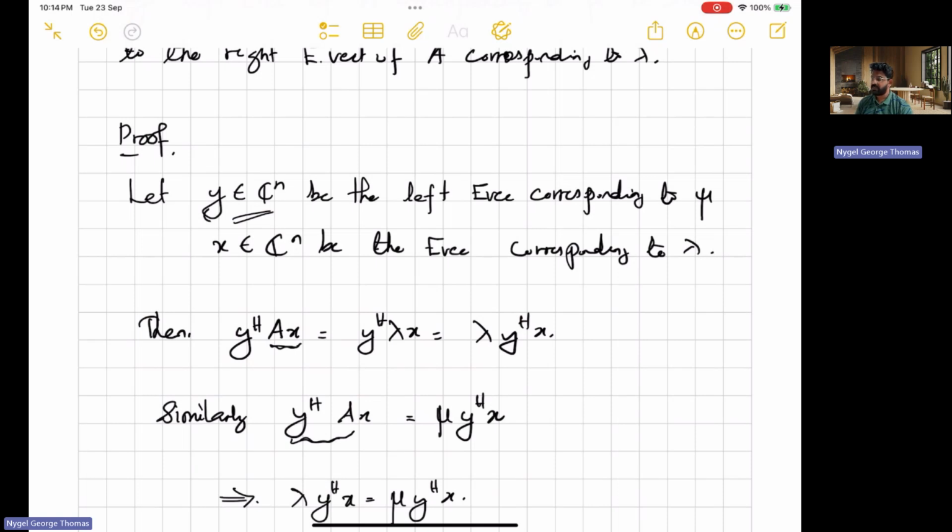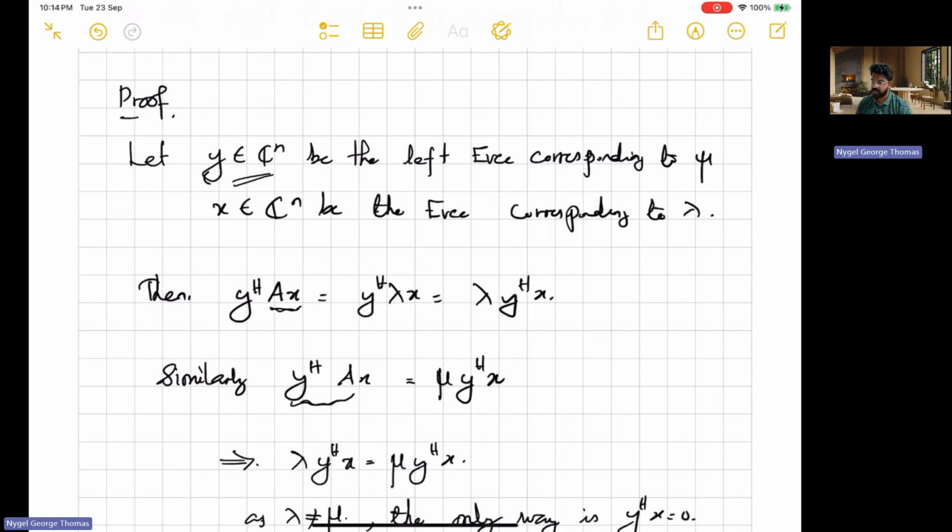Since both left sides are equal, you can equate the right sides as well. Which implies that lambda times y Hermitian x is equal to mu times y Hermitian x.